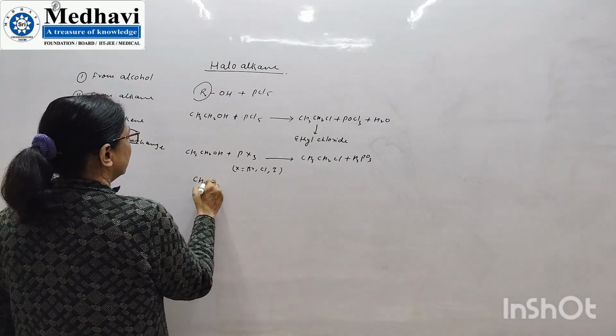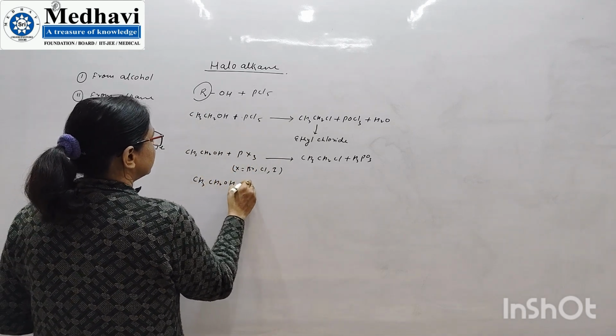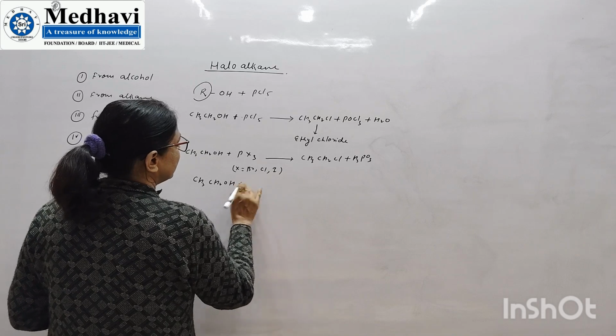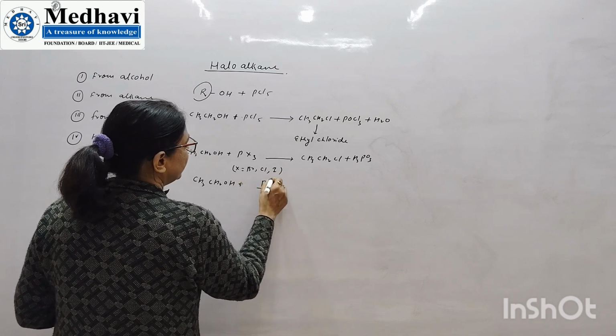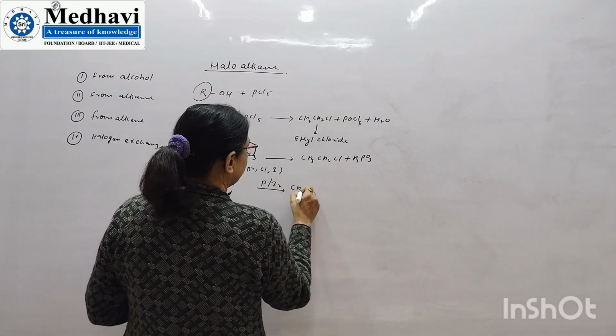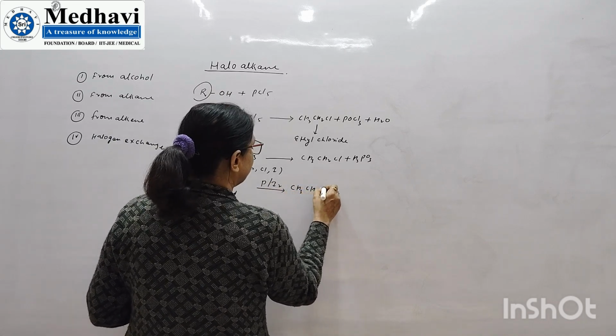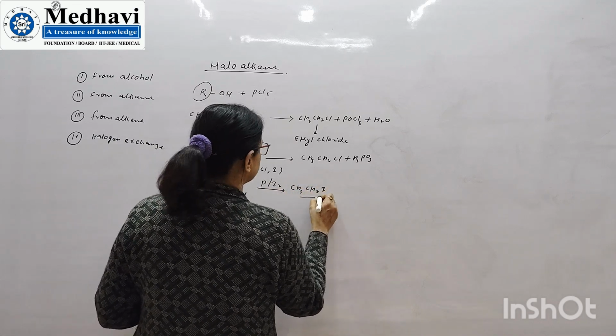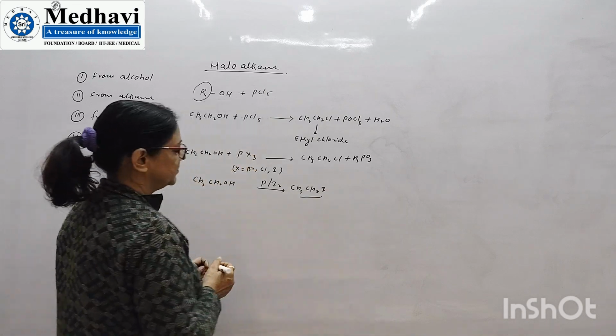And the last: when it is reacted with red phosphorus in presence of iodine, iodoethane or ethyl iodide is the product formed.